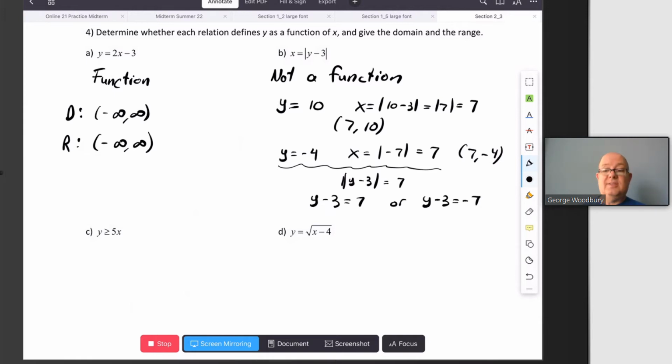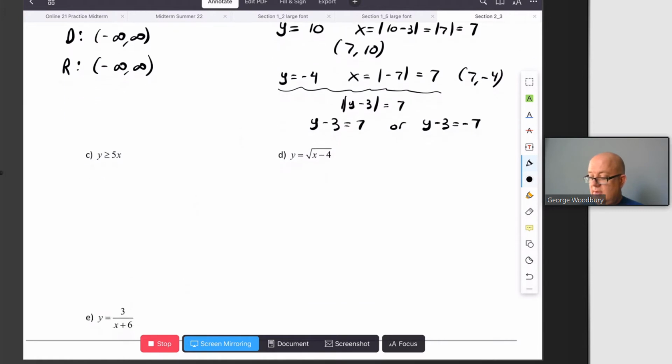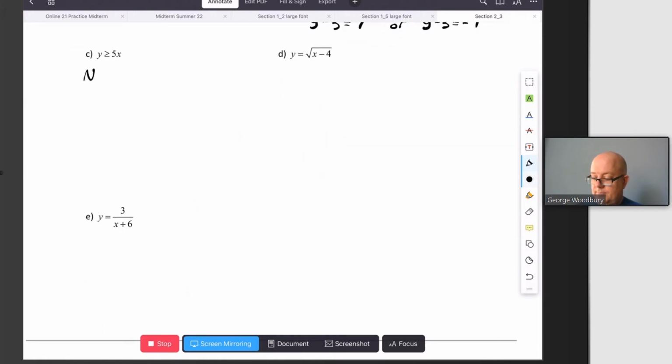For C, this is also not a function. Here we've got an inequality. And if I pick a value of x, let's say x is going to be 1, when x equals 1, we want to find solutions that make this true. So when x is 1, 5x is 5.